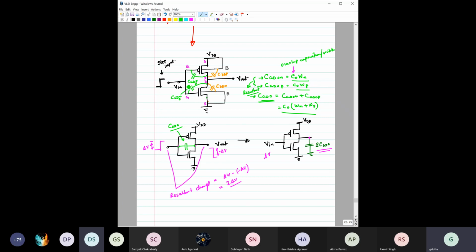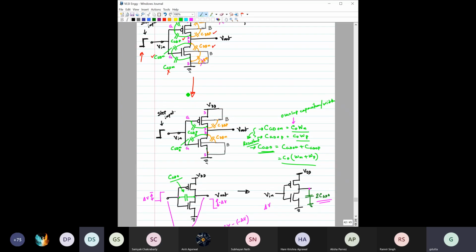Okay, that is a very good question. Can anyone answer? I think I have missed this point. Let me write this question: why should CGDP and CGDN consist of only overlap capacitance?